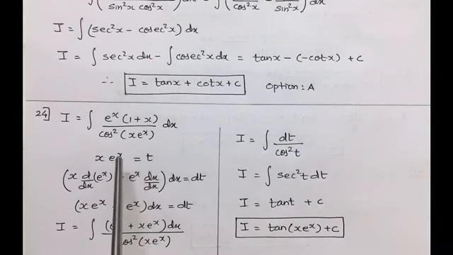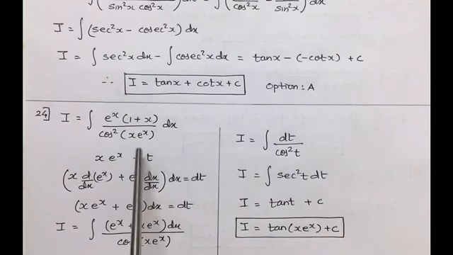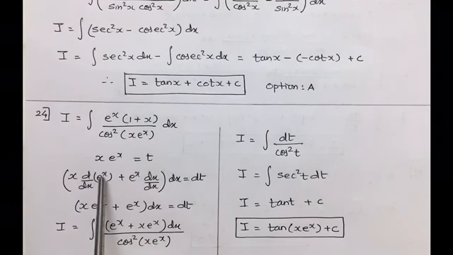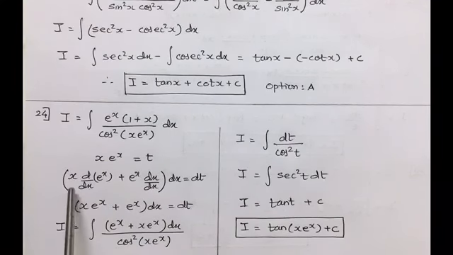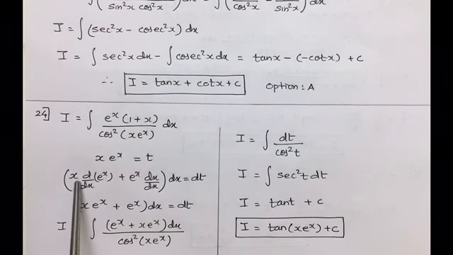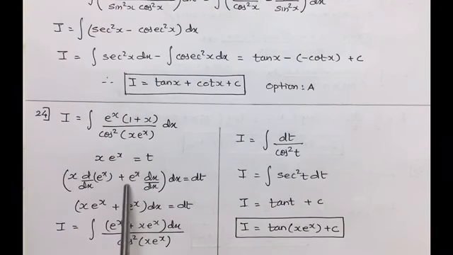So we directly take x e raised to x as t, and differentiating it by using the multiplication rule of differentiation, we get x d by dx of e^x, that is, x is kept as it is, plus e raised to x is taken as it is, dx by dx, dx is equal to dt.